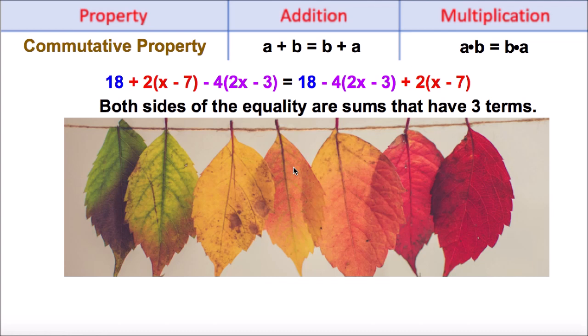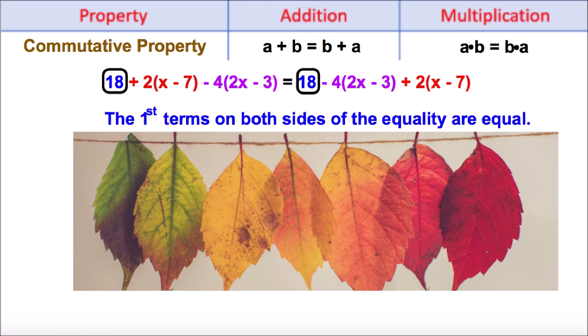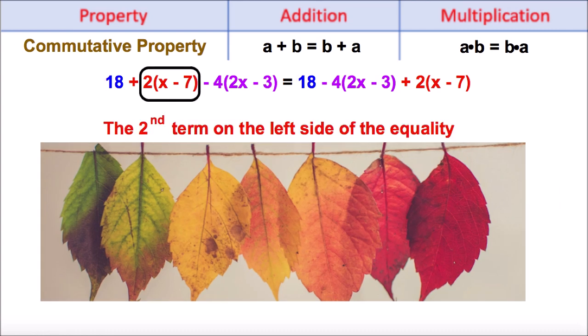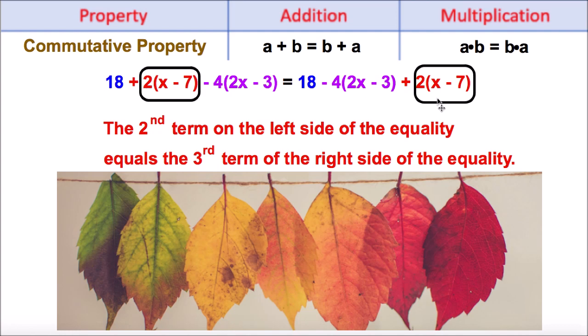In this case, both sides of the equality are sums that have three terms. The first terms on both sides of the equality are equal, 18 and 18. The second term on the left side of the equality is 2 times the quantity x minus 7, and it equals the third term on the right side of the equality.